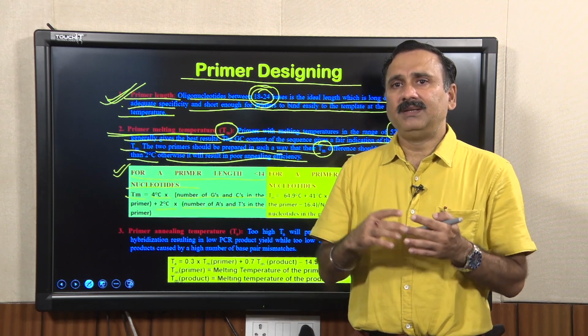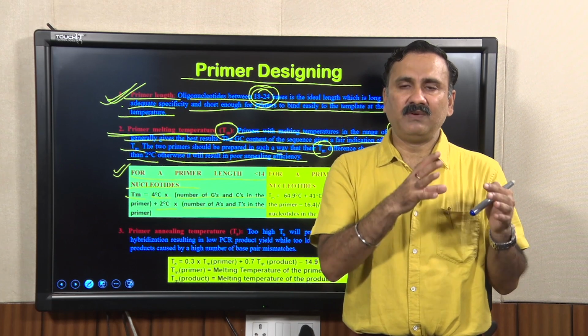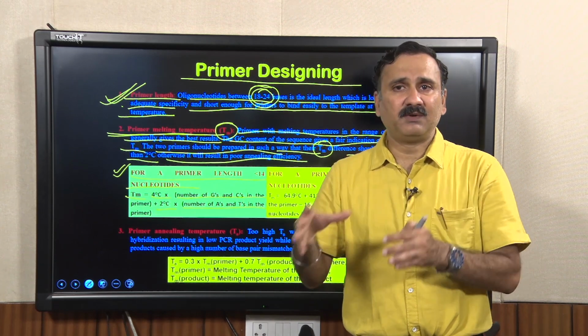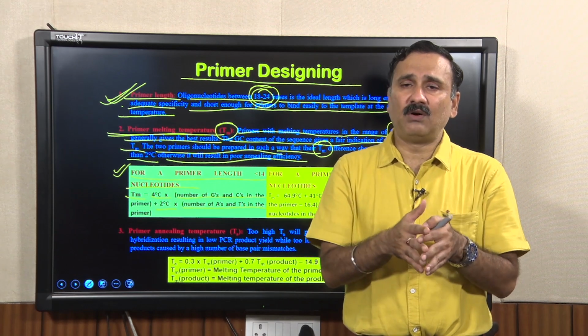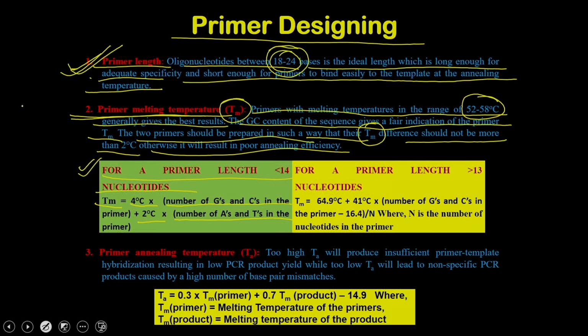The second point is that the Tm of the two primers, the forward primer and the reverse primer, should not differ by more than 2 degrees. Suppose I have set the primer annealing temperature at 54 degrees Celsius, and one primer has a melting temperature of 48 while the other has 56.